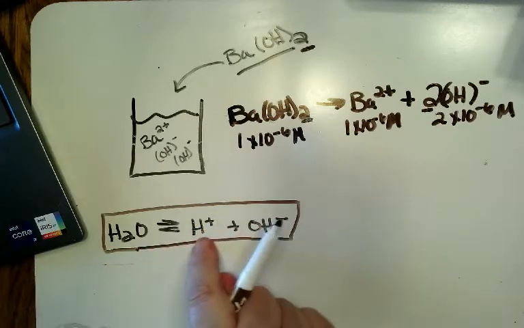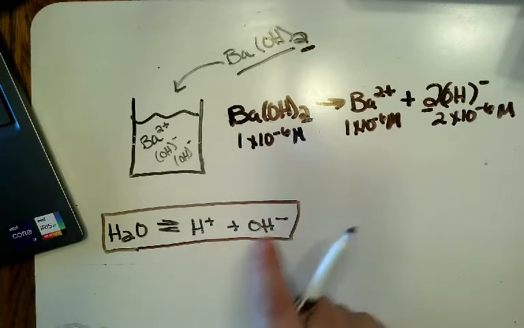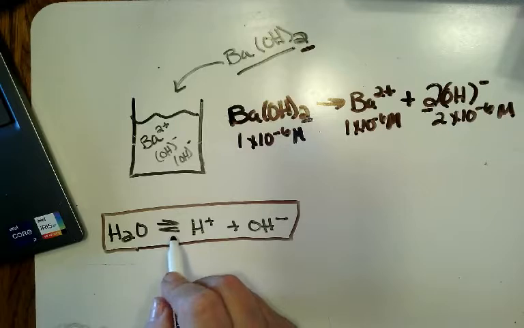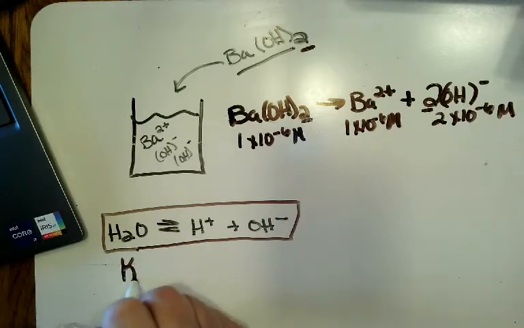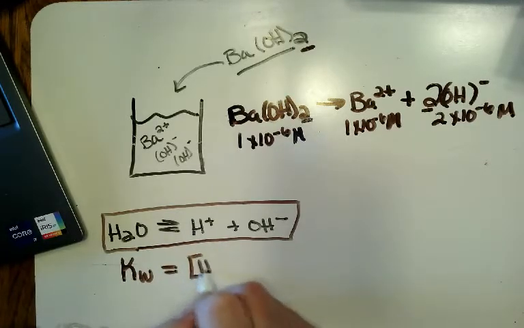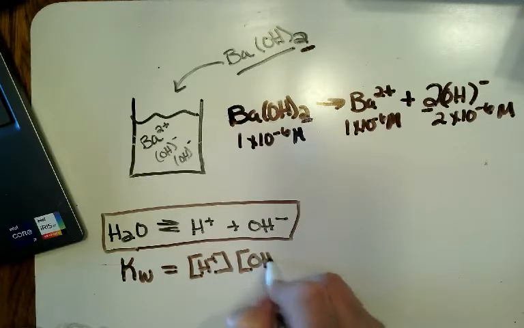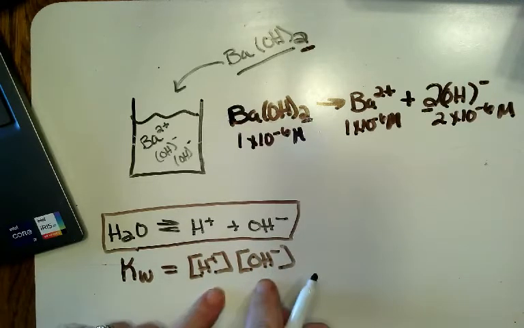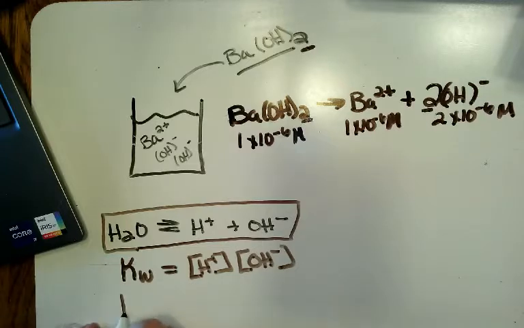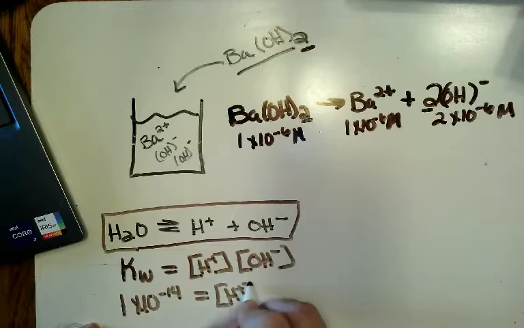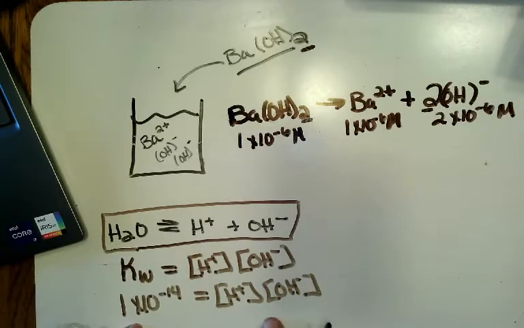Water also breaks apart into H+ and OH-. That's in equilibrium, so we have our K, the equilibrium constant of water, equals the concentration of the H+ in solution times the concentration of the OH-, and these two numbers multiplied will always equal 1 × 10⁻¹⁴ if it's run in water.